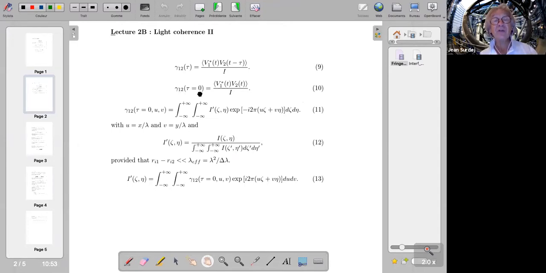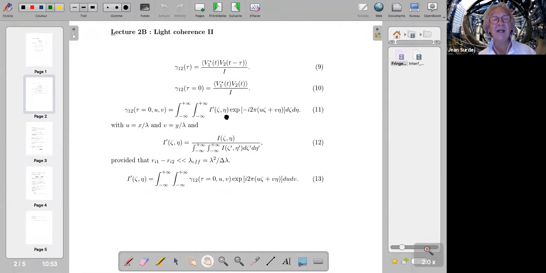We were interested in the case when tau is equal to 0. And by applying the Zernike-van Cittert theorem within the Fraunhofer approximation, we found that it is just equal to the Fourier transform of the distribution of the normalized intensity of the source in the sky.